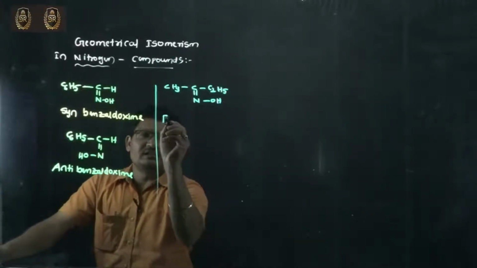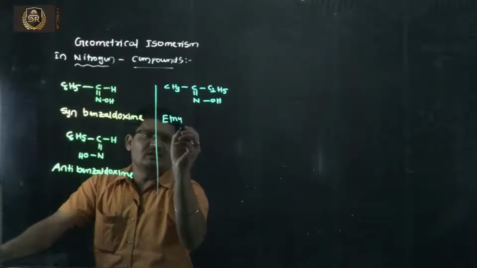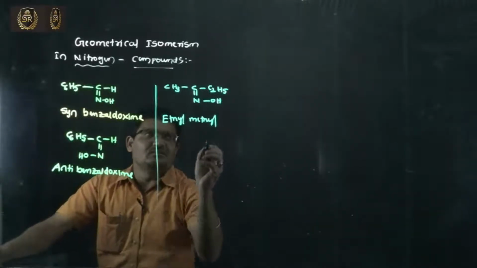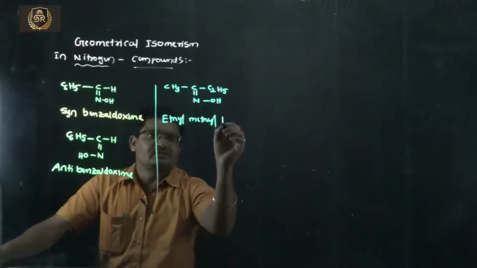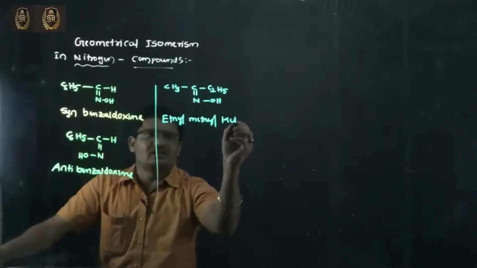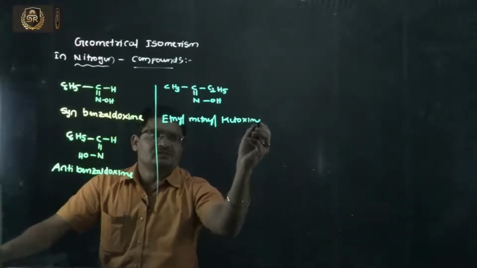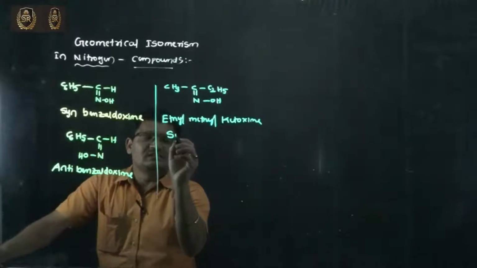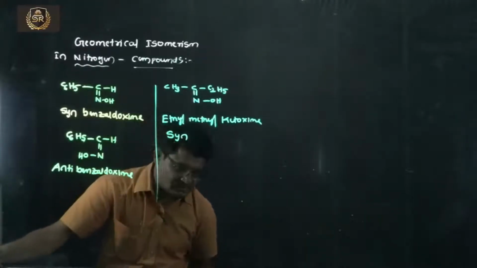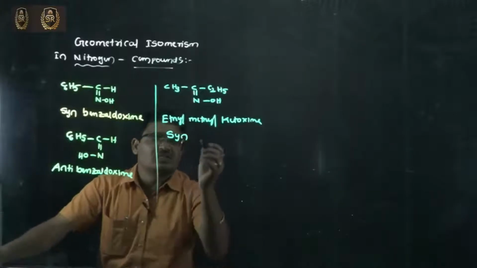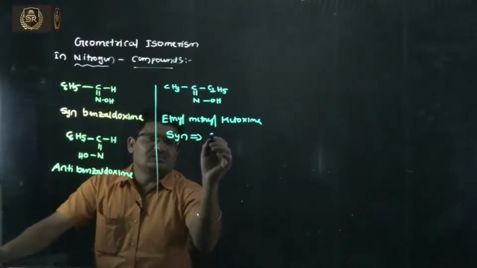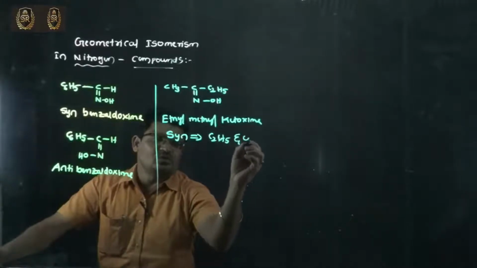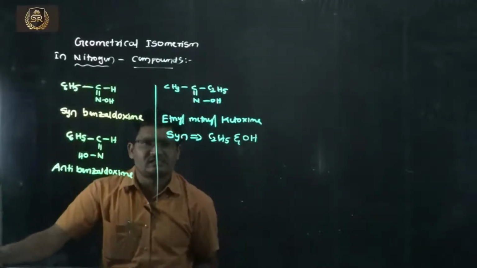So this is syn ethyl methyl ketoxime. Here C2H5 and OH are syn to each other.